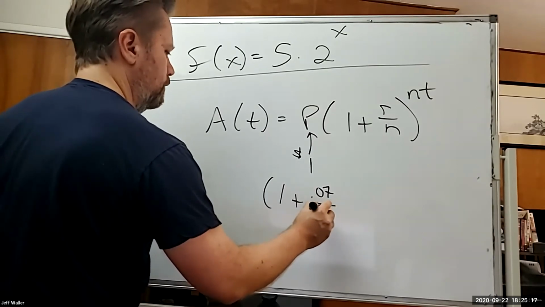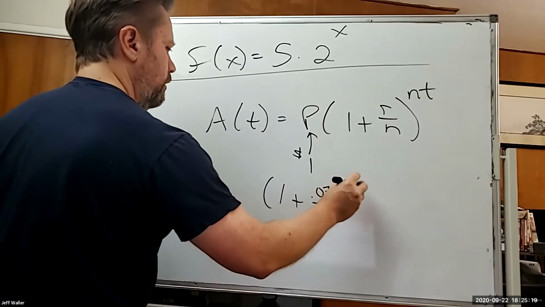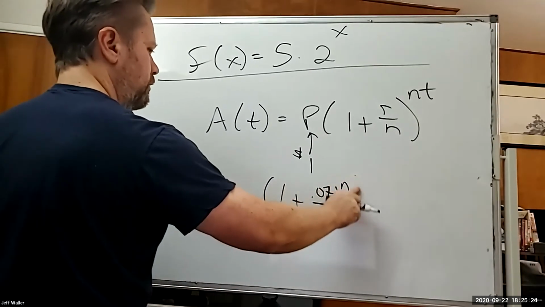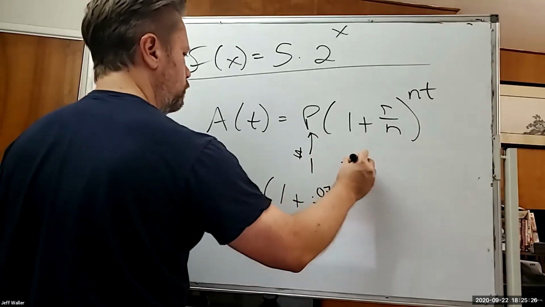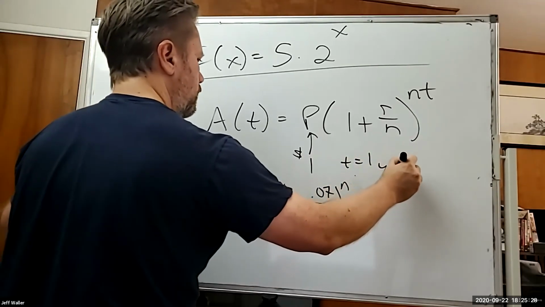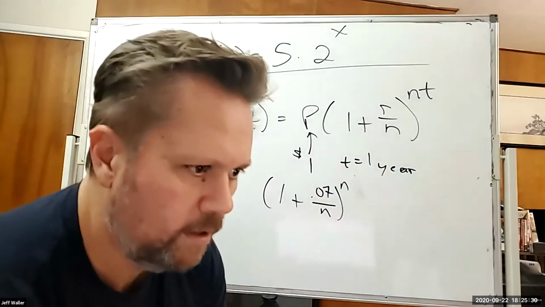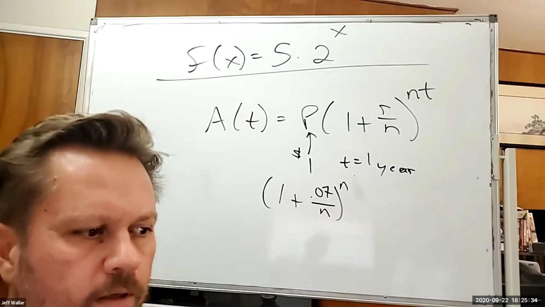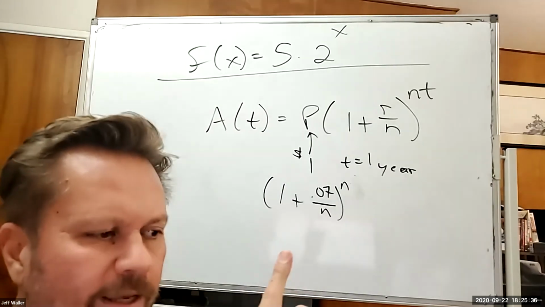Let's do it for 1 year. So it's $1 and it's 1 year. Now watch. N is basically how am I chopping the year up? So I went all the way down to monthly, and then I went to daily.